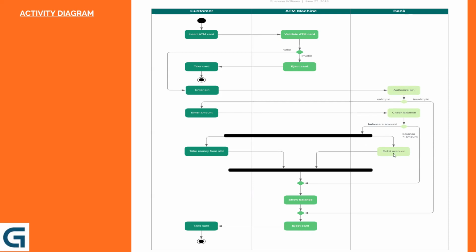Once both meet, the debit has happened and you have collected the cash, then again it will show the balance. Once the balance is shown, the card will be ejected, you take the card back, and the process gets completed. So this is a simple representation of cash withdrawal through an activity diagram.